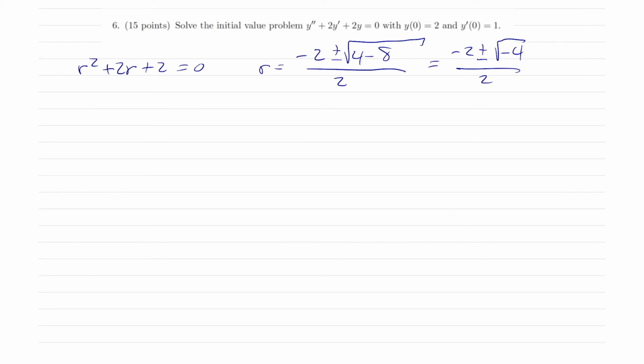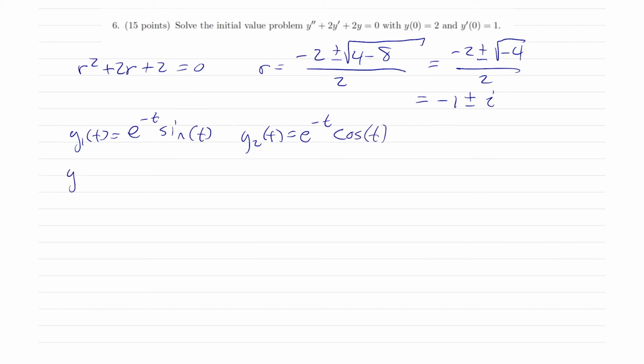And so we can see that it's going to be minus 1 plus or minus i, because this gives me 2i. Okay, so that means my solutions are y1(t) is equal to e to the minus t times sine of t, and y2(t) is equal to e to the minus t times cosine of t.